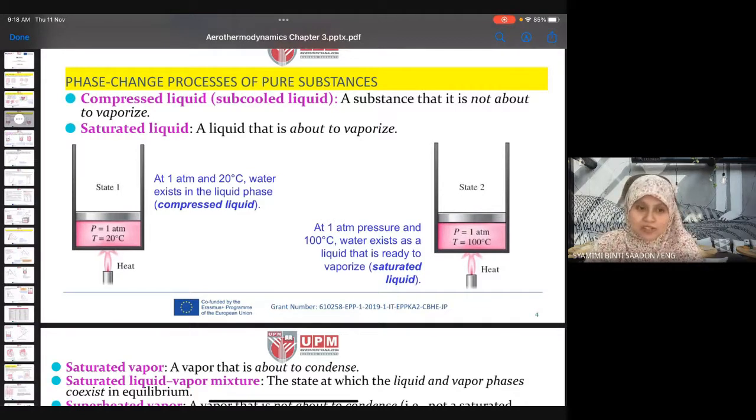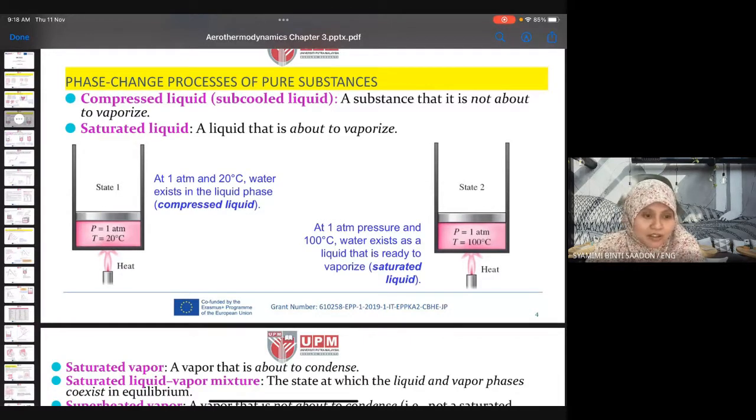For other fluids, for example oil, I don't remember the exact vaporization temperature. If the oil can be vaporized at 80 degrees Celsius, then below 80 degrees Celsius we assume the oil is in the compressed liquid state or subcooled liquid state.